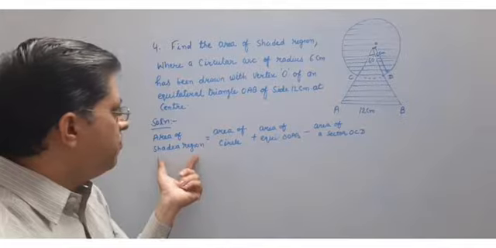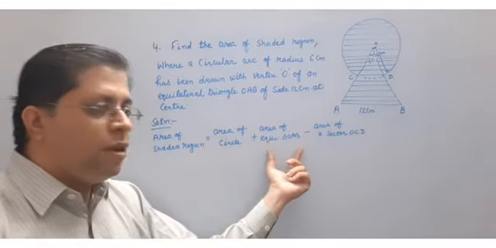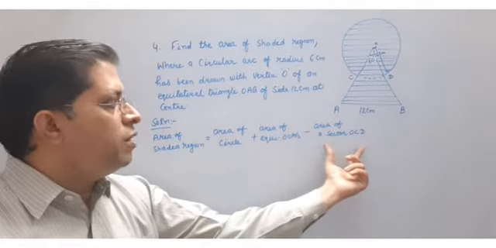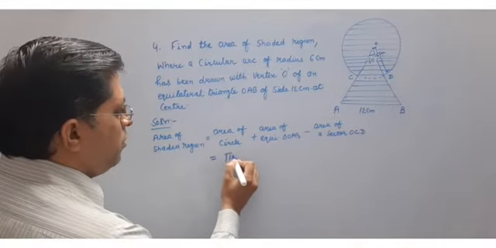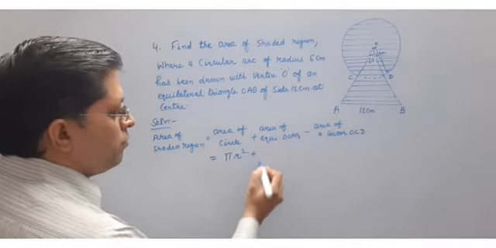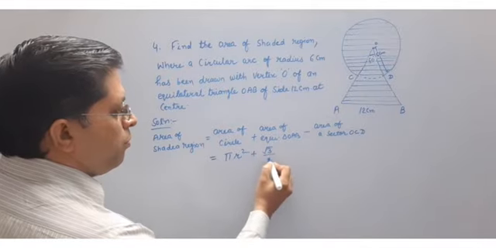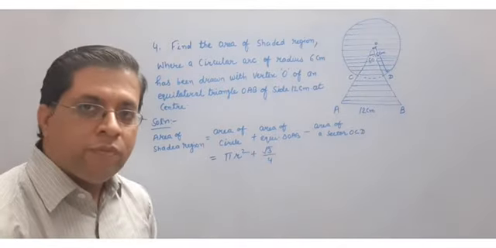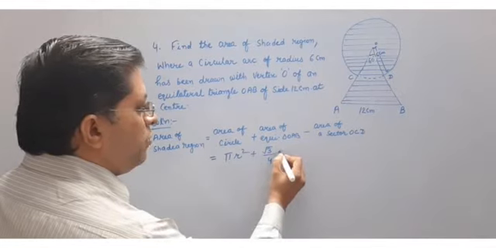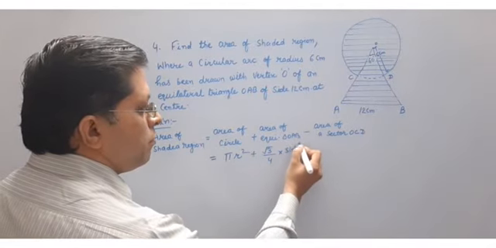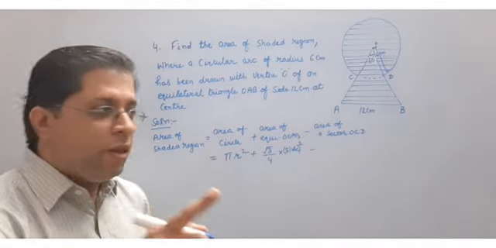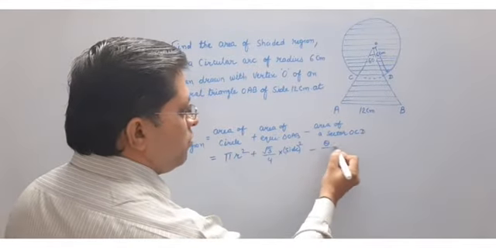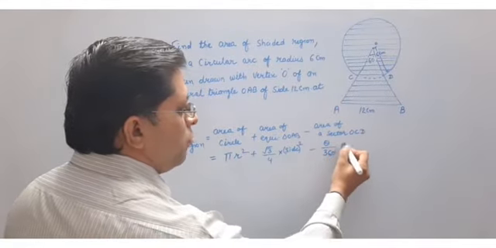Same thing it is here: area of circle, area of equilateral triangle, minus area of sector. Area of circle is pi r square. Equilateral triangle is root 3 upon 4 into side square. Minus area of sector, theta upon 360 degree into pi r square.